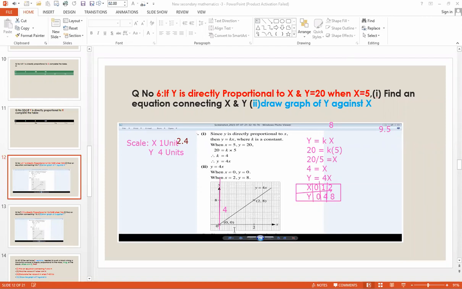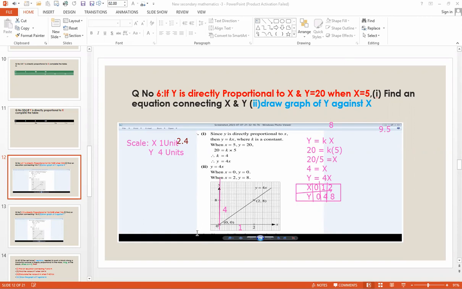Just look here. Here I have to write the 1 in the center. This one is 0, 1, and 2. Here you have 0, 4, and 8. Okay. First you have to put the dot here at 0 and 0, then 1 and 4, then you have to take 2 and 8.